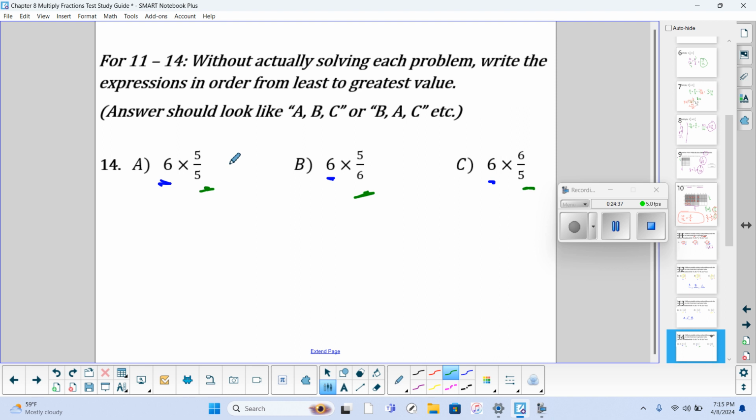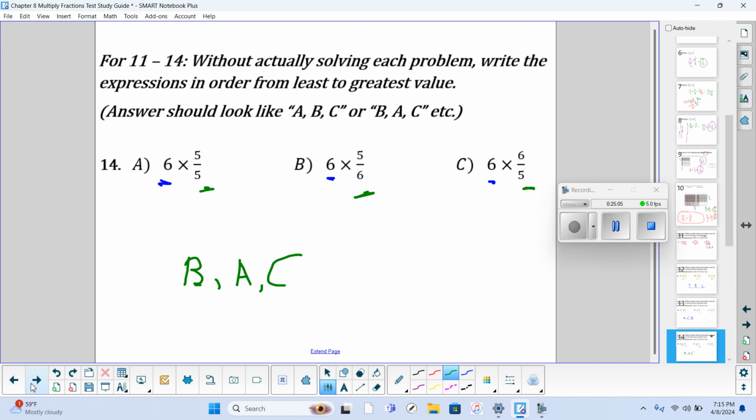So it's really about, what are we multiplying by? Well, B is the smallest because 5/6 is the smallest of the three numbers we're multiplying by. Then A is next because 5 over 5 is equal to 1, so it's BA. And then C, we're multiplying 6 by a number greater than 1, so that would be the biggest. So it's B, then A, then C.